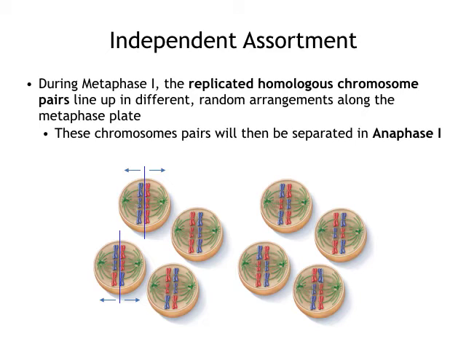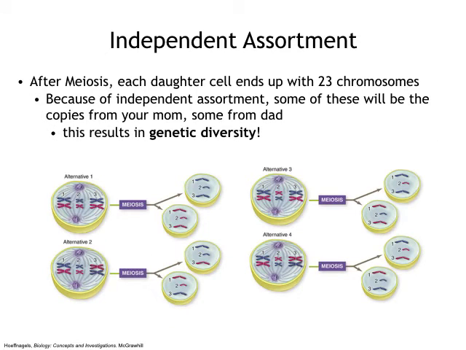All right, so let's look at this in another way. After meiosis, you end up with haploid cells. Each daughter cell has only 23 chromosomes, but because of independent assortment, some of these are going to be copies from mom, and some are going to be copies from dad. This results in genetic diversity.